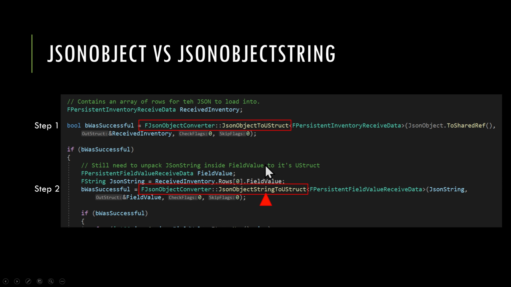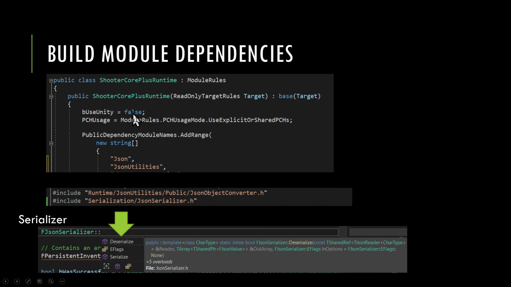So if you are planning to follow along and do this, there's a couple of little things to know around your C++ files. First, in your build module rules, you're going to need to include Json and JsonUtilities. Those are the modules that you should include to make sure your code will compile and link properly.